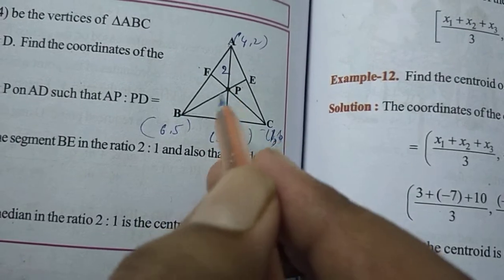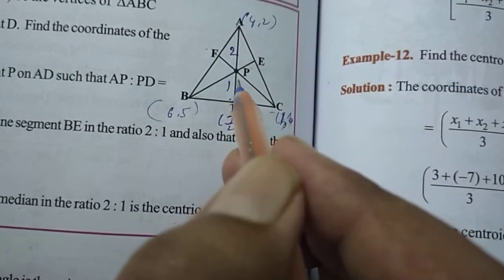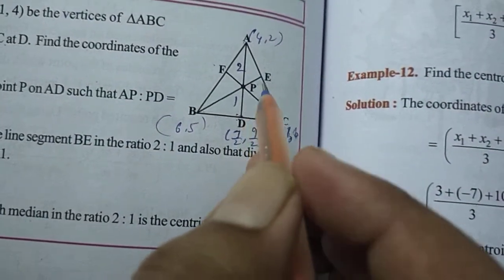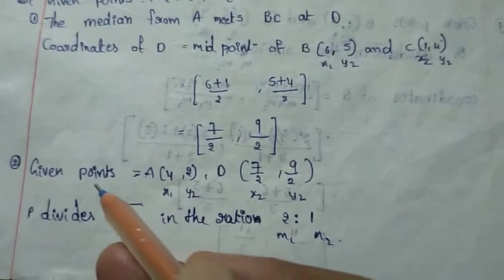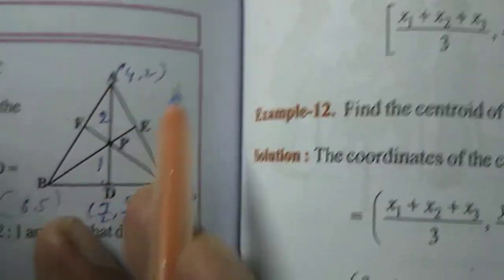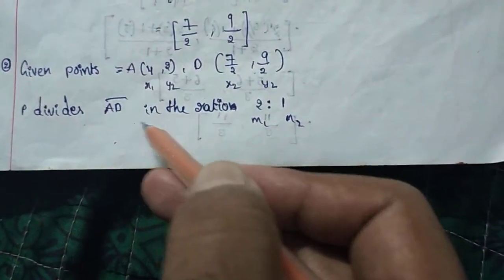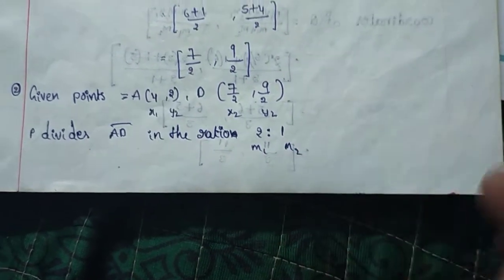The coordinates of P equal the formula (m1 x2 plus m2 x1) by (m1 plus m2), (m1 y2 plus m2 y1) by (m1 plus m2). Given points: A is (4, 2) and D is (7 by 2, 9 by 2), already found. P divides AD in the ratio 2 is to 1, already given.